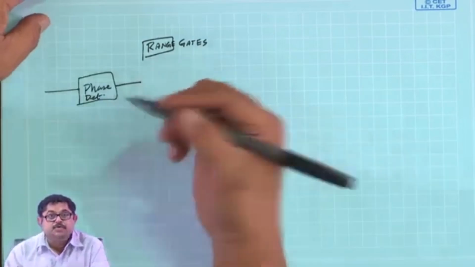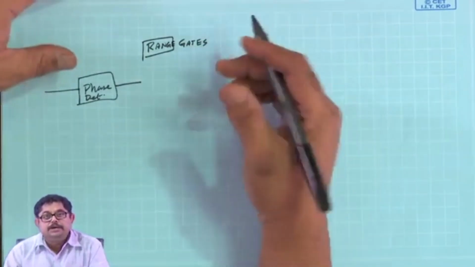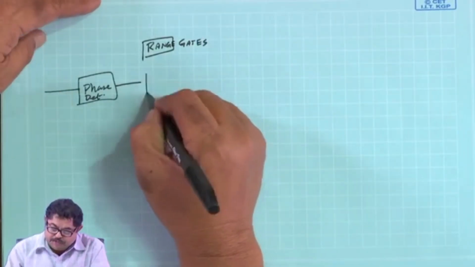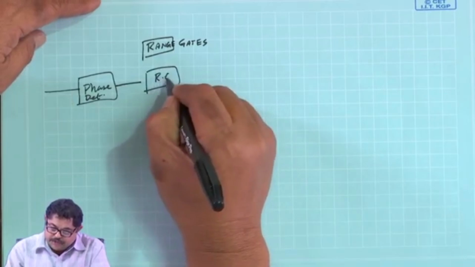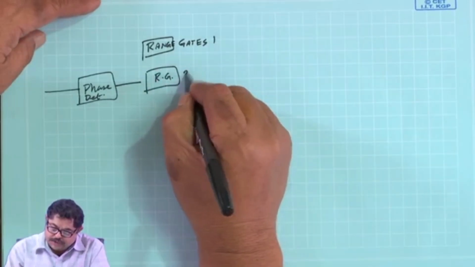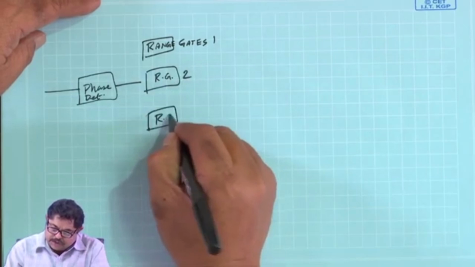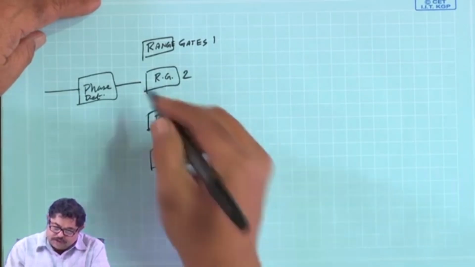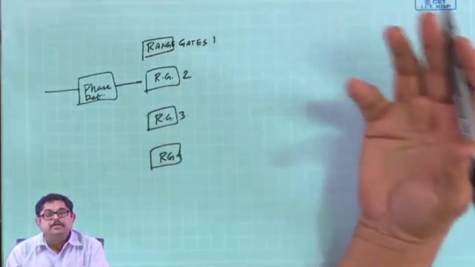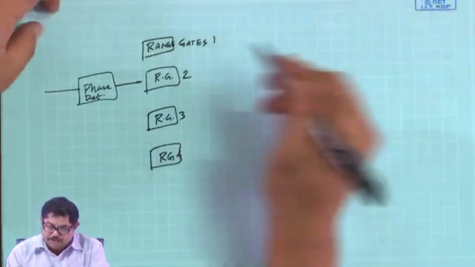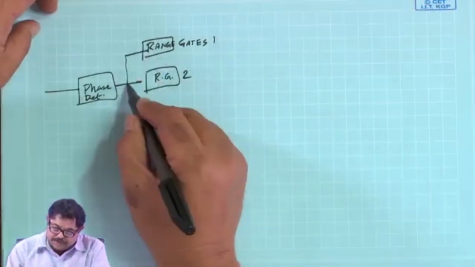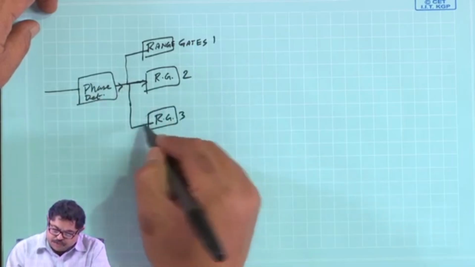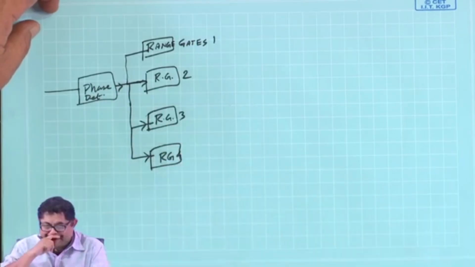Only difficulty here is the range gate. Once it is put to the range gate, the range gets quantized, because suppose I am putting 4 range gates. I am calling this range gate 1, this is range gate 2, this is range gate 3, this is RG4. So, let us say that from 100 to 500 kilometer I want to get. The same signal after the phase detector output is put to these range gates.